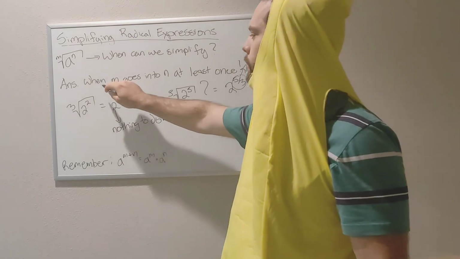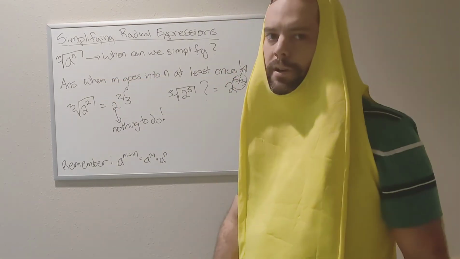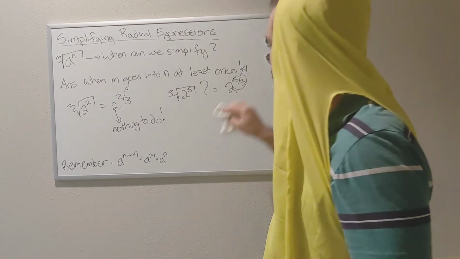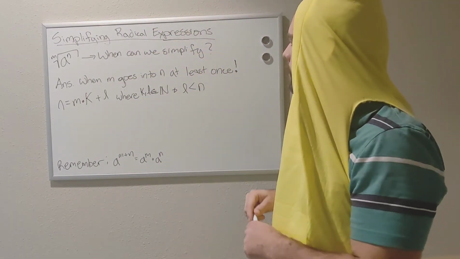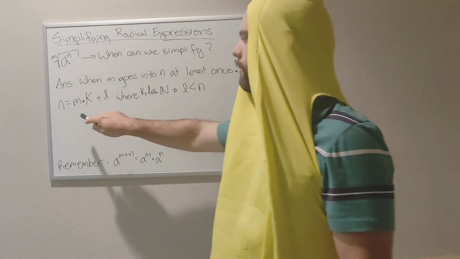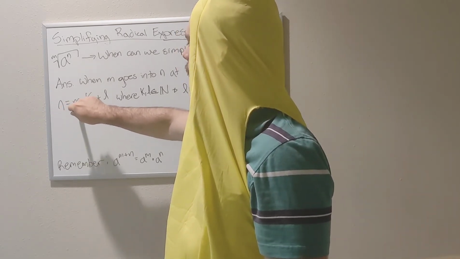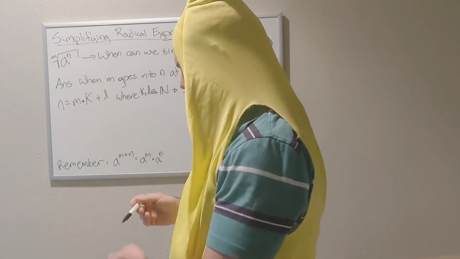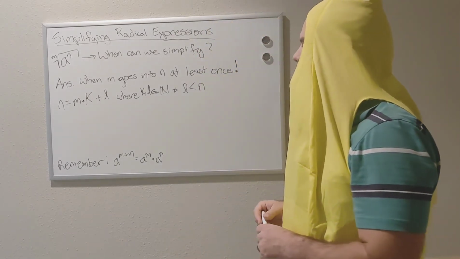Well, the answer is we can get further simplification when m goes into n at least once. Now, that may be a little confusing, but let's take a look at what that means. It's actually pretty simple. First, what does it mean when we say m goes into n at least once? Let's talk about the symbology first. We want to write n as m times some natural number k plus some remainder L, where L is less than m. Now, that's a lot of detail we don't need to go into.